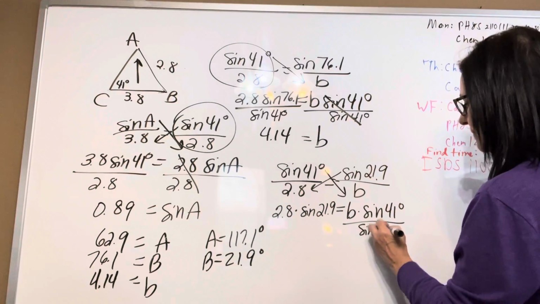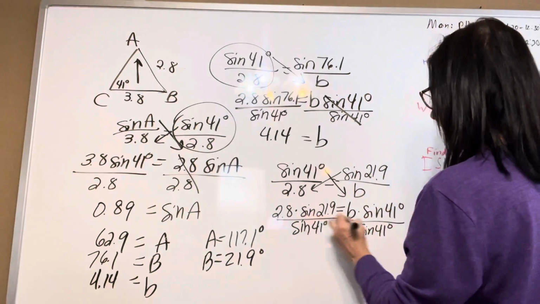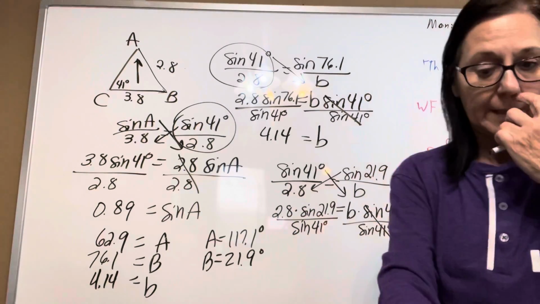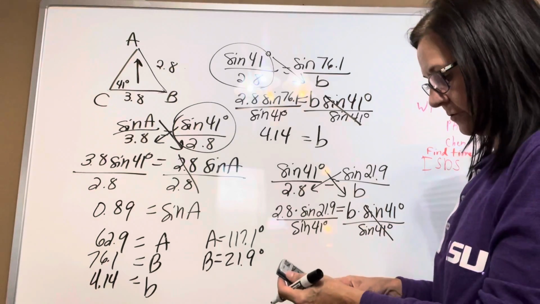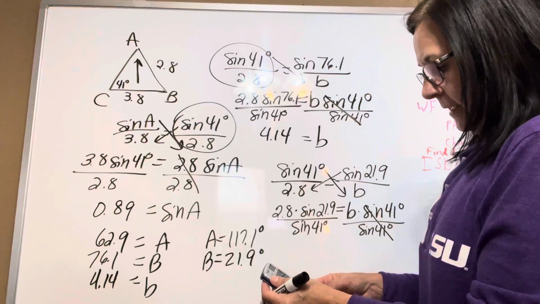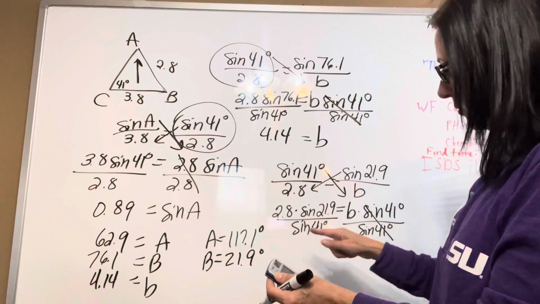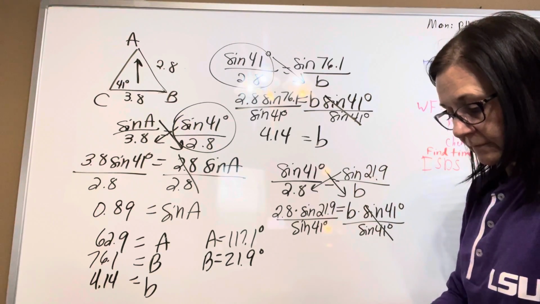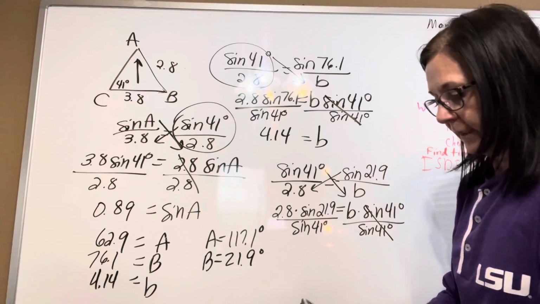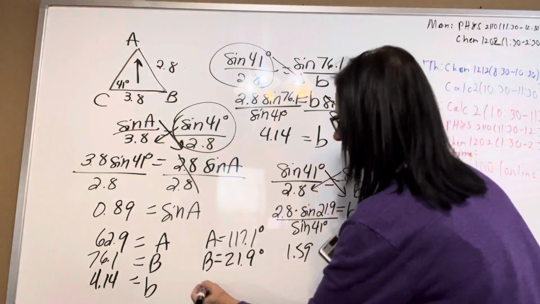I divide by the sine of 41, hit equals, and B is 1.59.